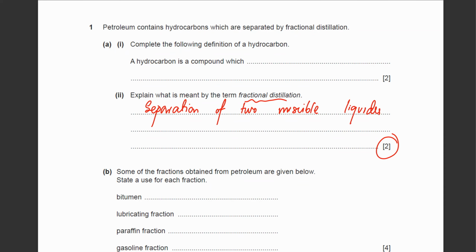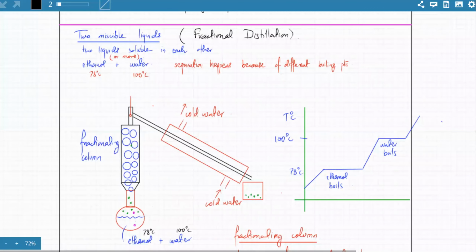And you can give more detail, which is why do they separate? Because separation happens because of different boiling points. For example, ethanol and water. Ethanol has a lower boiling point, so it evaporates earlier, and you collect it at the other end by condensing the vaporized ethanol, and water comes in later. So you can add that as well.